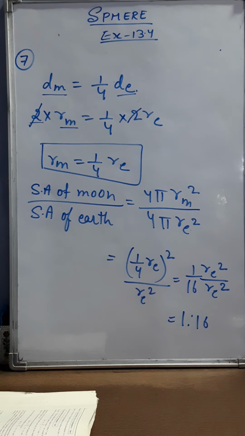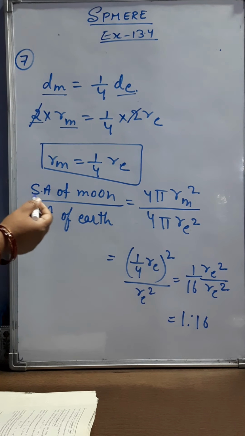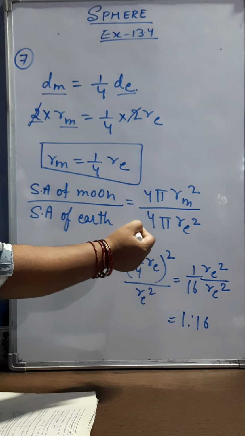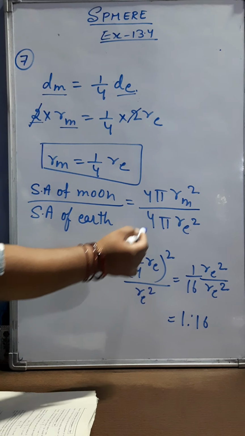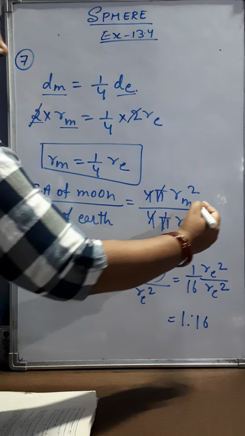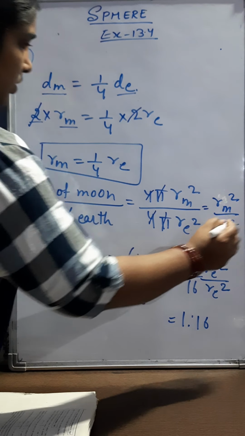Now we have to find the ratio of the surface area. So here I wrote surface area of moon divided by surface area of earth. Surface area of moon is 4 pi r of moon square divided by 4 pi radius of earth square. This 4 and pi will get cancelled. So we are left with radius of moon square divided by radius of earth square.